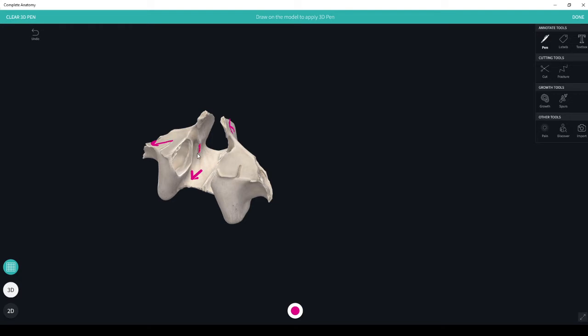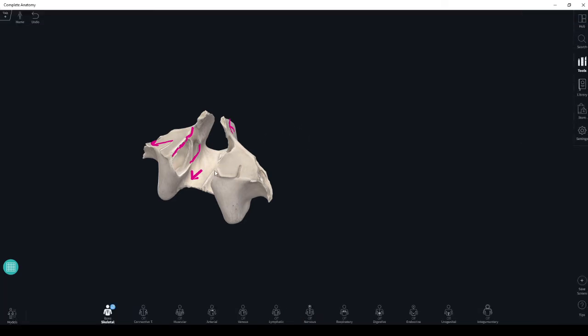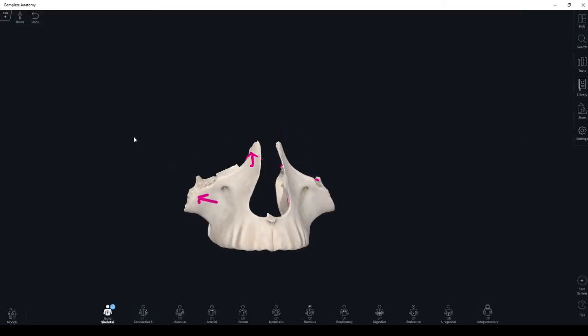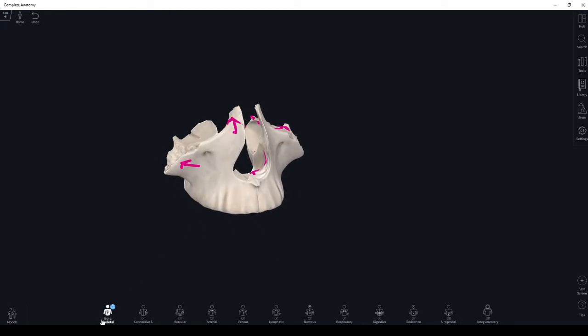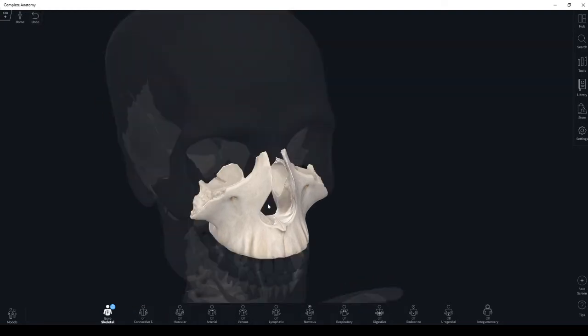In this aspect it relates with the inferior nasal concha, and here with the ethmoidal bone. Understanding all these relationships helps you understand the parts and main features of the bone.